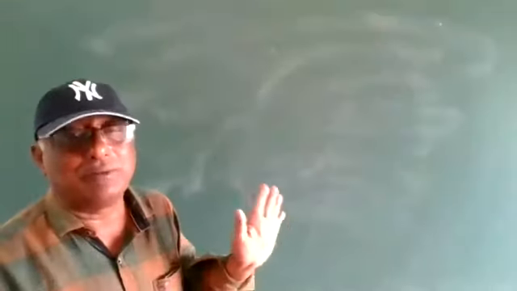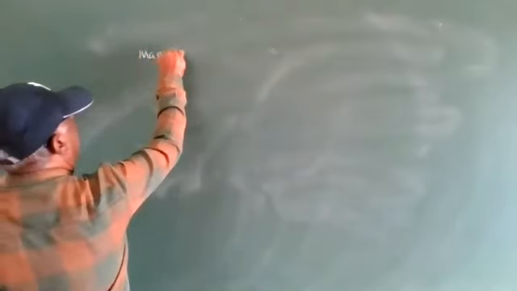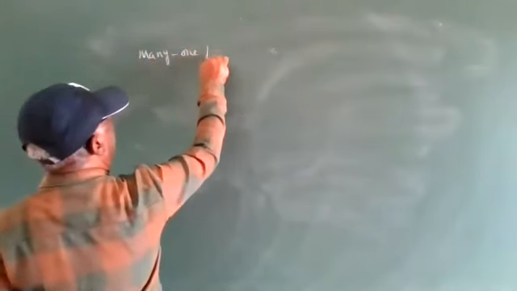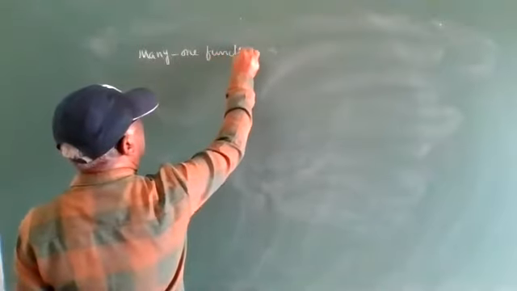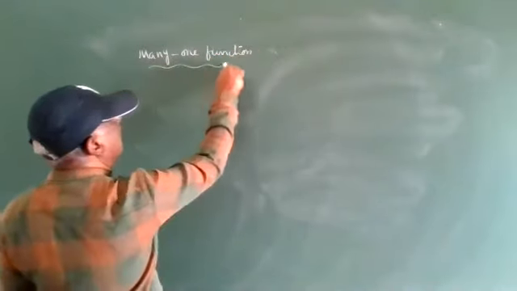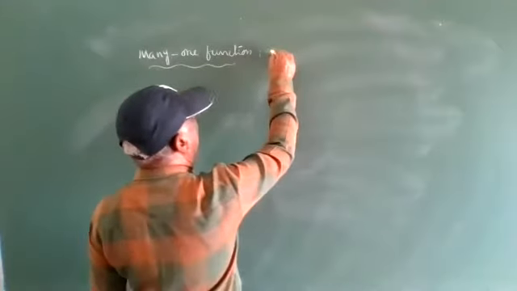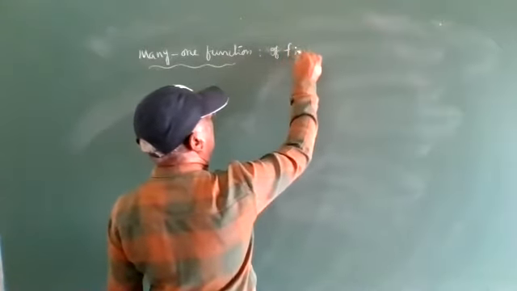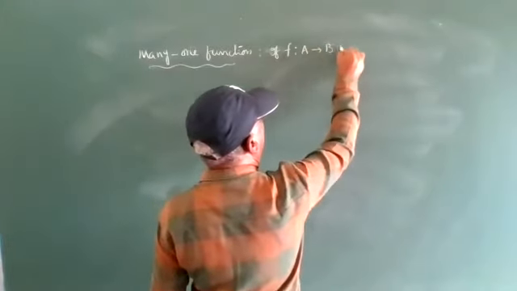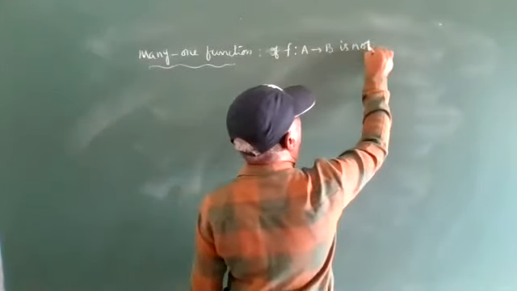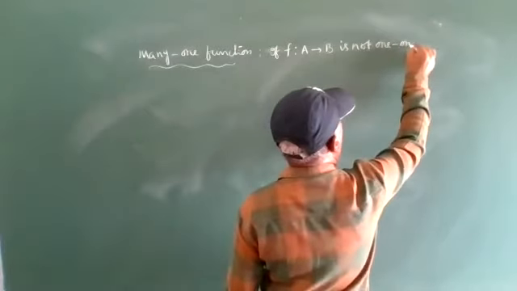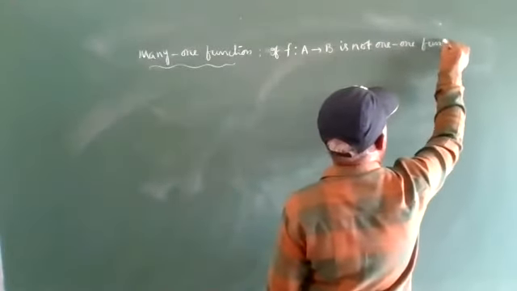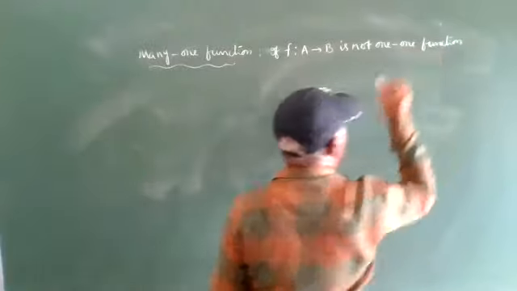If the mapping from A to B is not a one one function, then we say that it is called a many one function.